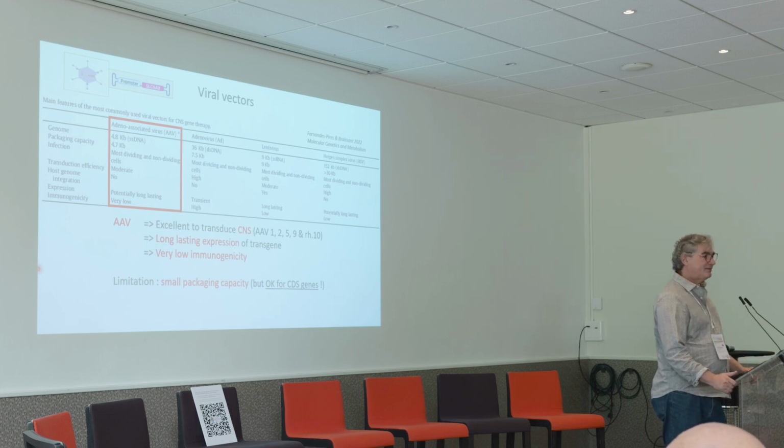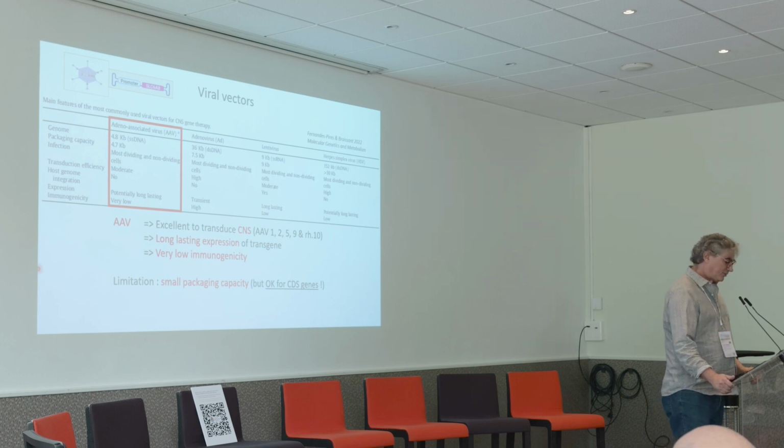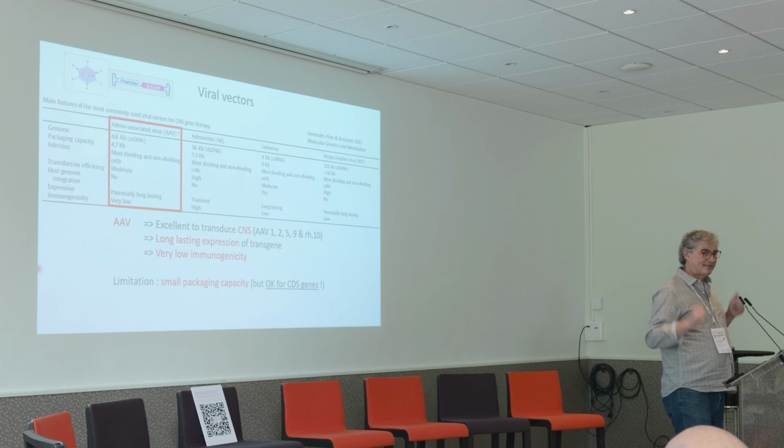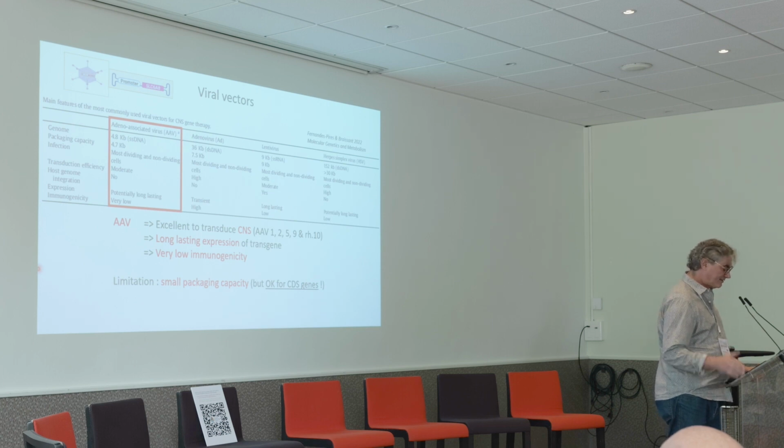They have one limitation, these AAV: they have a small packaging capacity, so you cannot put giant sequences inside them, but for the CDS it's okay. The size of the genes can be introduced in these AAVs.